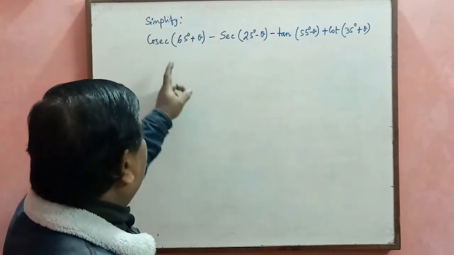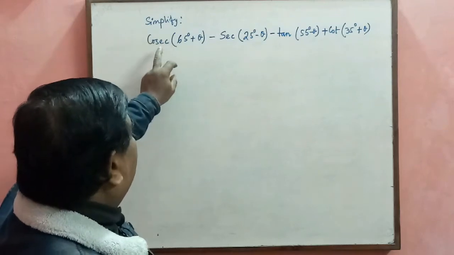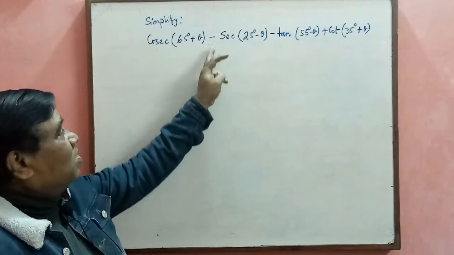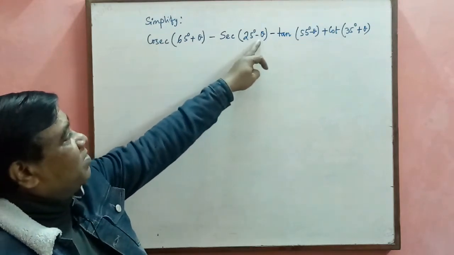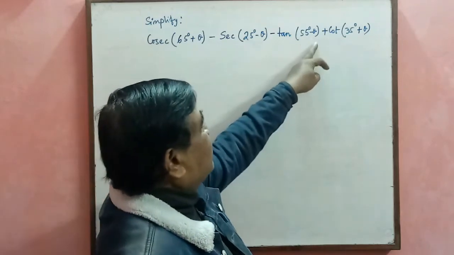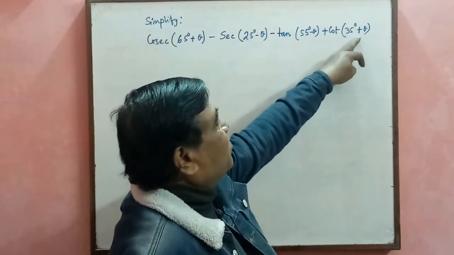Next question is simplify cosec 65 degree plus theta minus sec 25 degree minus theta minus tan 55 degree minus theta plus cot 35 degree plus theta.